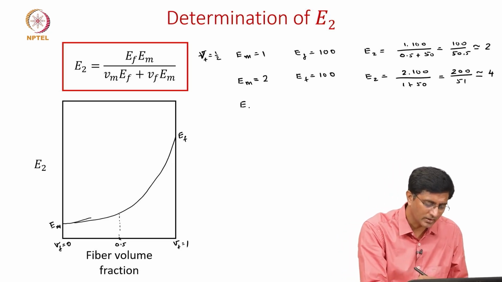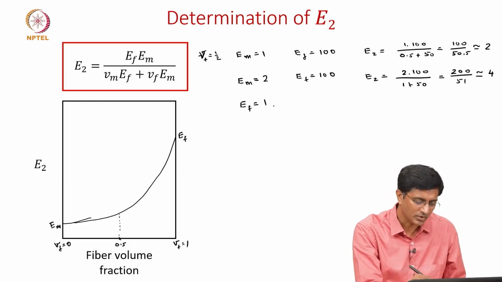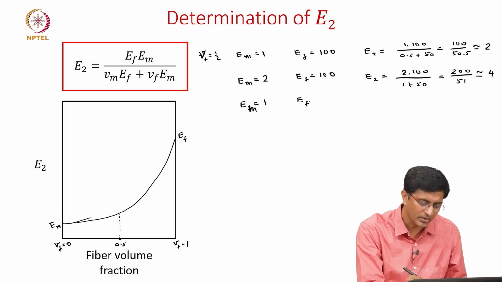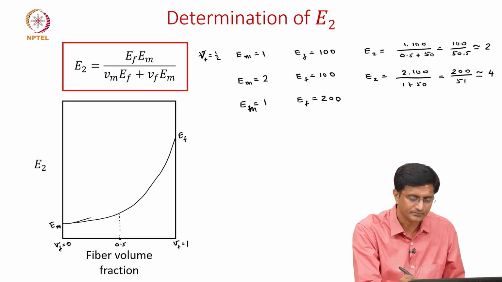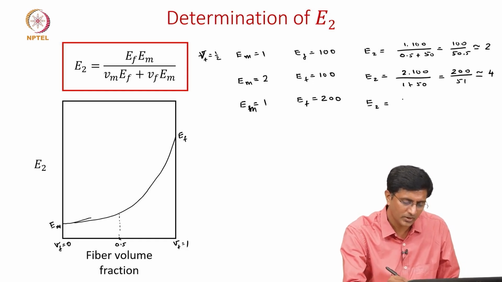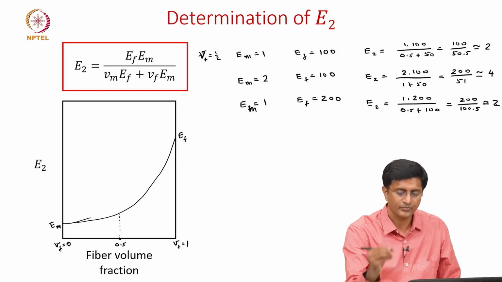Now let's keep the matrix properties the same, but change the fiber properties by doubling them. Now to find this E2 value, it should be 1 times 200 divided by half of 1, which is 0.5, plus half of 200, which is 100. So it should be 200 by 100.5, which is close to 2.